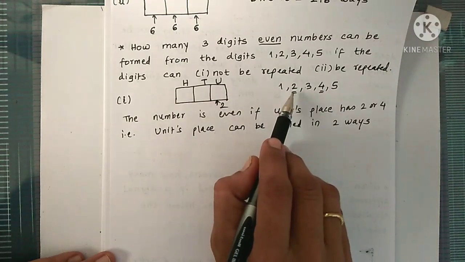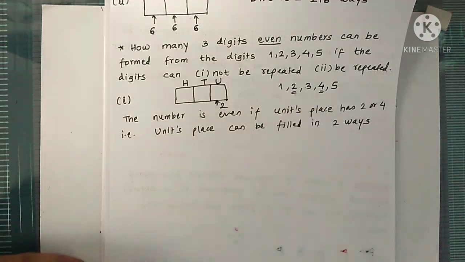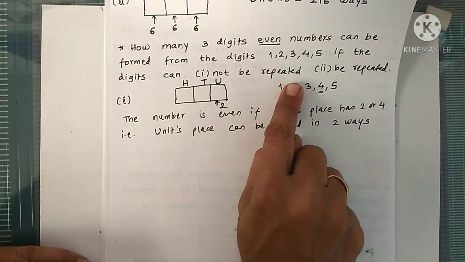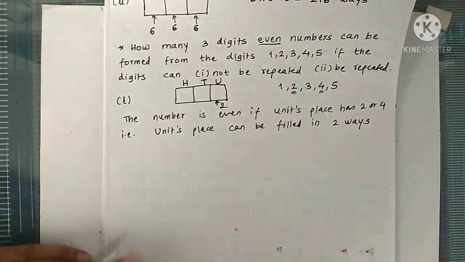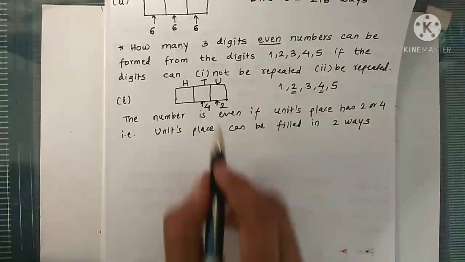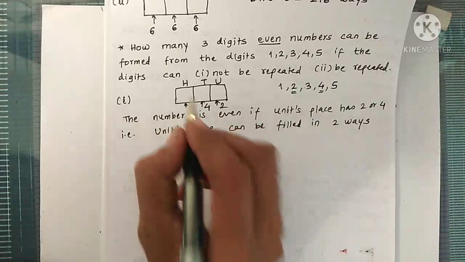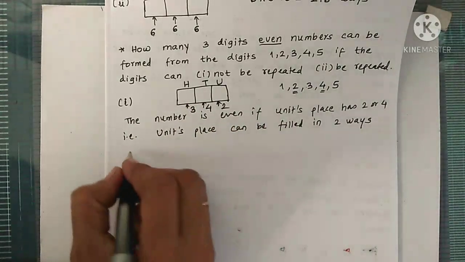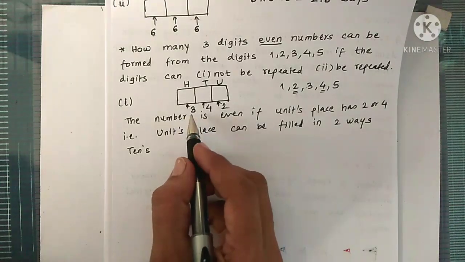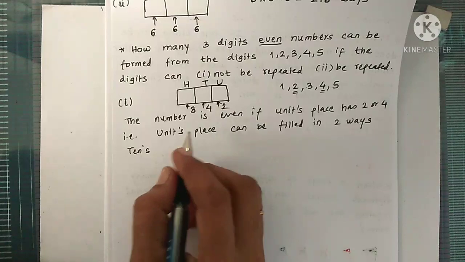So one digit we have to subtract from the number of digits now for the next one. As for example, say 2 is used, then we have only 4 digits left. So for tens place we have 4 digits, and again one digit is used here. So the number of digits available for hundreds place is 3. So you can write it as 4 first here and then 3 here. Then also you get the same number.